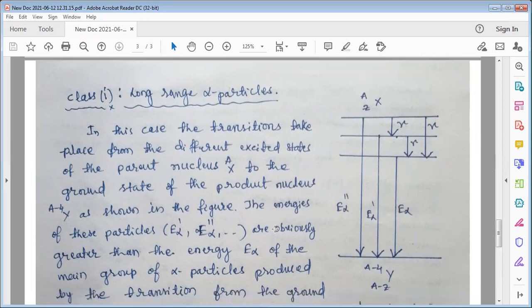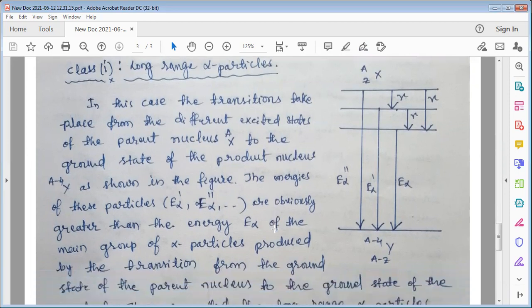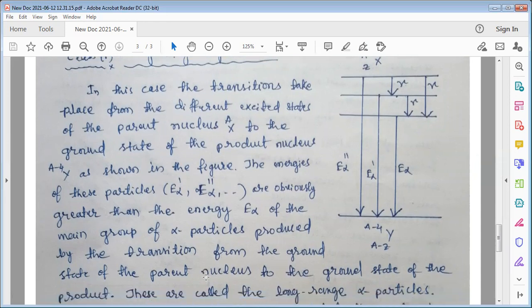The energies of these particles, that is E alpha dash, E alpha double dash, are obviously greater than the energy E alpha of the main group of alpha particles produced by the transition from the ground state of the parent nucleus to the ground state of the product nucleus.